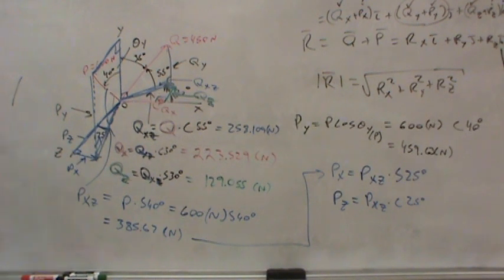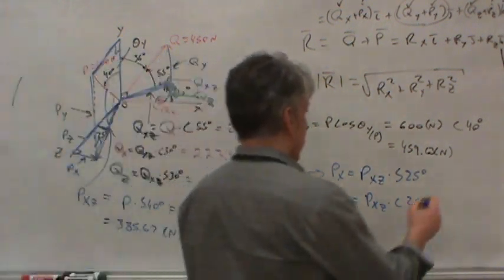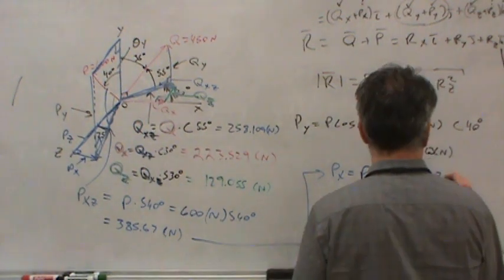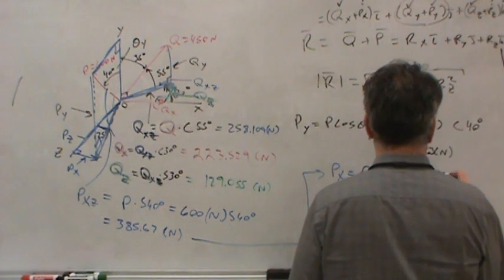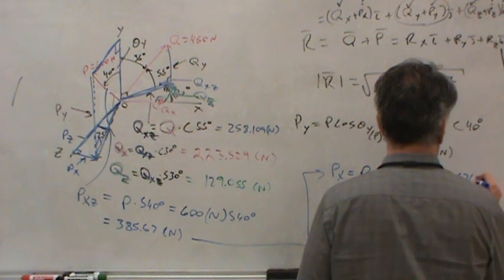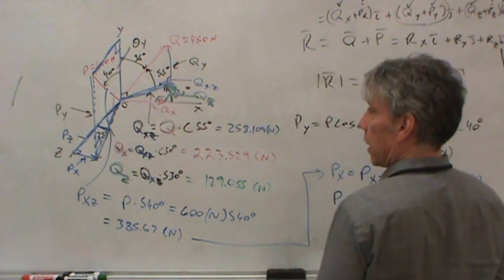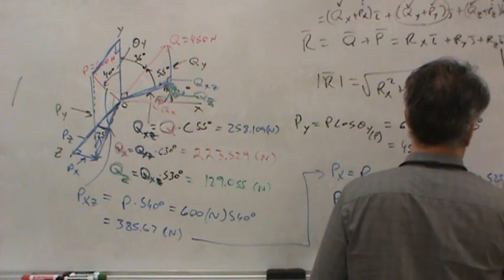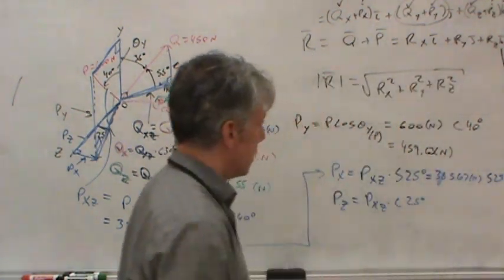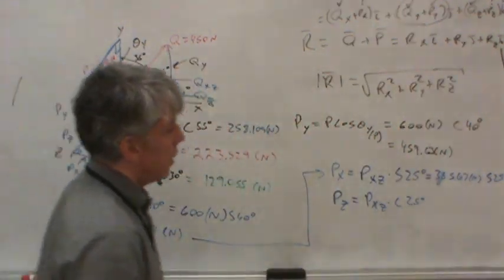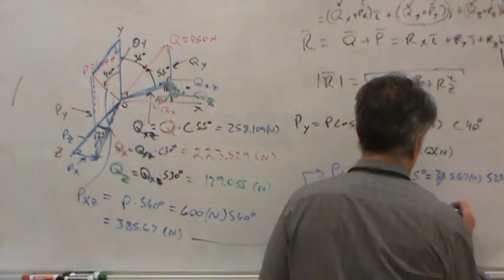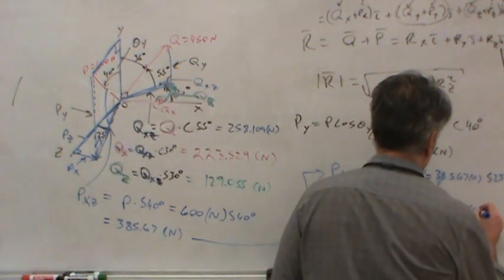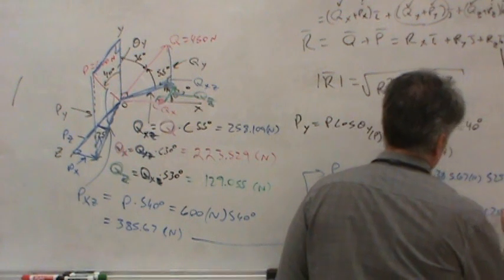So now let's fill in some numbers and see what we've got. 385.67 newtons multiplied by sine 25 degrees, I mean for X, not Z. And the other equation, 385.67 newtons times cosine 25 degrees.